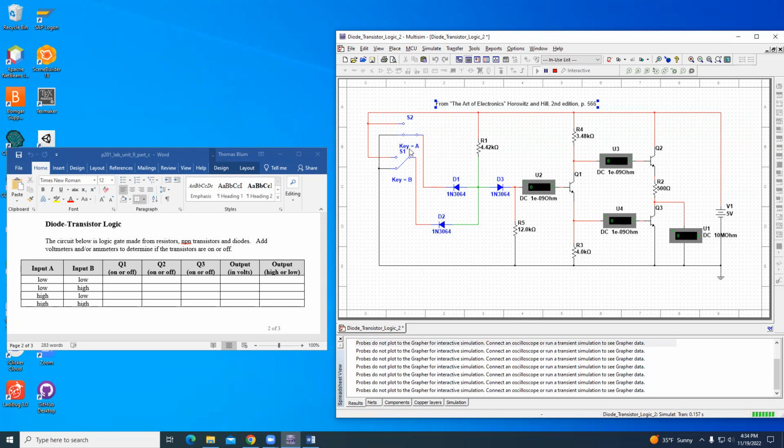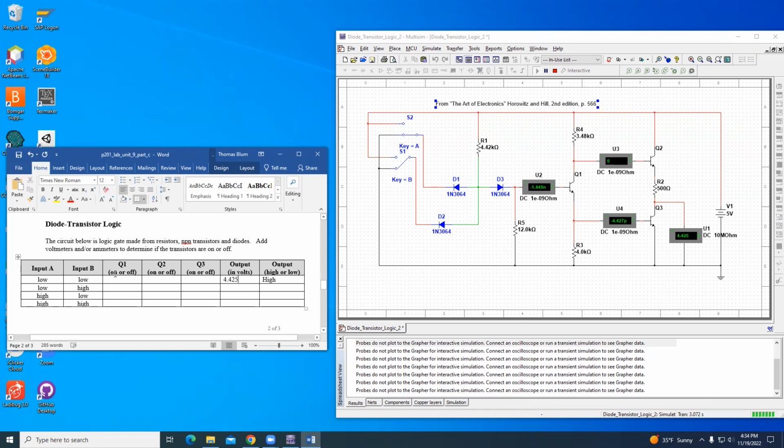I have this on, and right now my A and my B are connected to ground, so I have a low input, and my overall voltage over here is 4.425, and I'm going to say that that is high, or I might just say a 1.